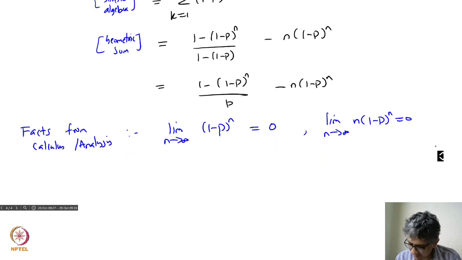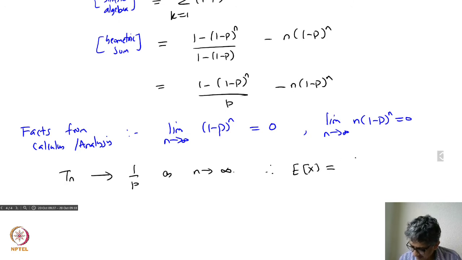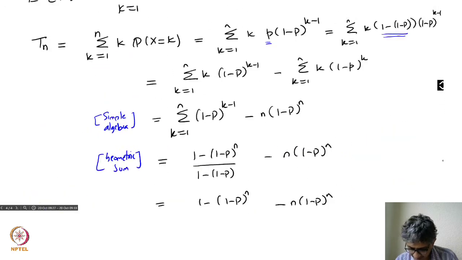Once you have these two things, then what happens is that we see that Tn converges to 1 over p as n goes to infinity. So that means, therefore, the expected value of X, which was the series, so the series right here, we had the series right here, right? This is the series.